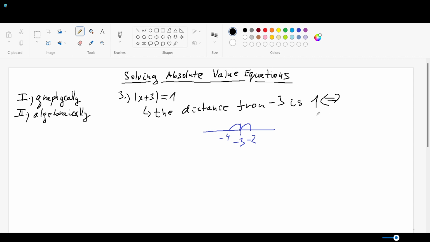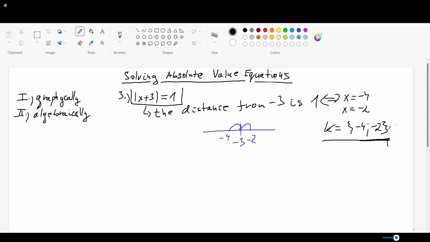So the solution is if and only if x is equal to negative 4 or x is equal to negative 2. So the solution of this very simple absolute value equation is a two-element set, numbers negative 4 and negative 2. You don't have to use a graphical or algebraic method if you understand what's behind this equation.